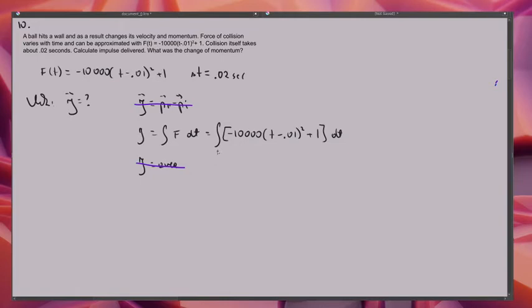So what I can do is integrate from 0 to 0.02 seconds. Just call the beginning 0 and the end the end of the change. So I'm going from 0 to 0.02 of a second. Whatever I get out of the integration is going to be the actual impulse delivered. So I might as well do it.